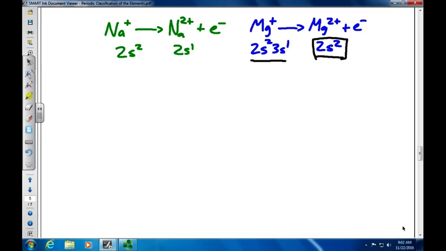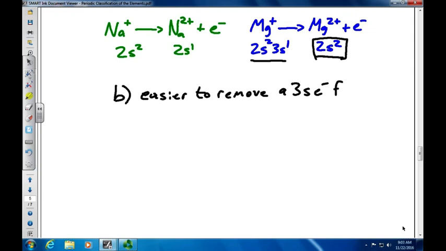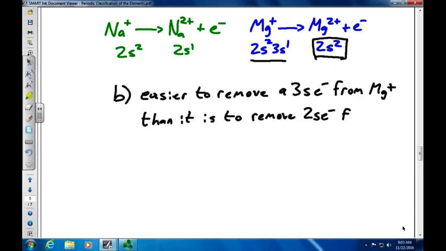So, knowing that the 2s shields the 3s more effectively, we can assume that for part B, it's easier to remove a 3s electron from Mg+ than it is to remove a 2s electron from Na+.